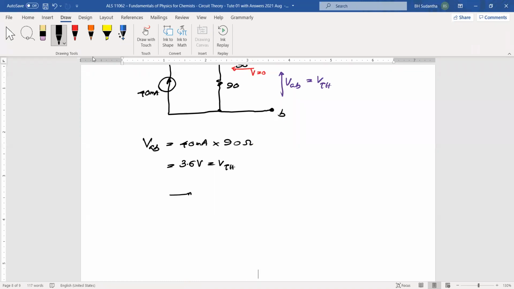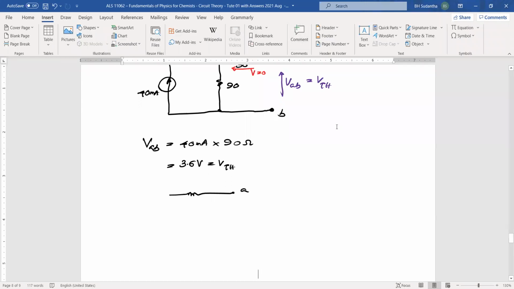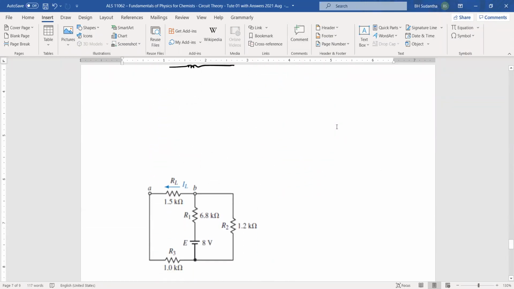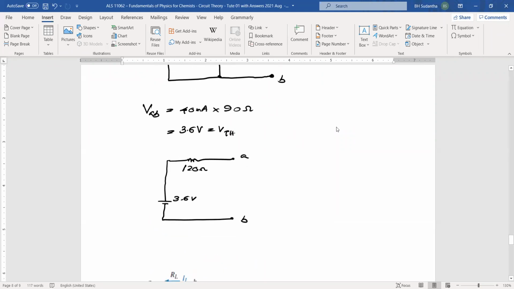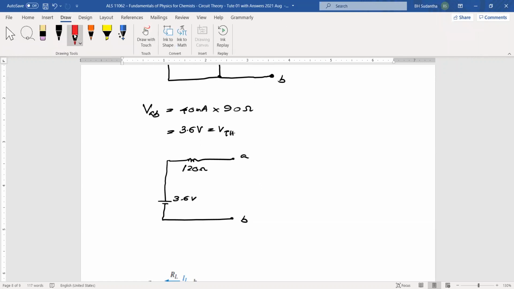And now we can draw the circuit with the Thevenin resistor. Thevenin resistance is 120 ohms. The voltage source is 3.6 volts. Okay. Now we can add the removed component here.